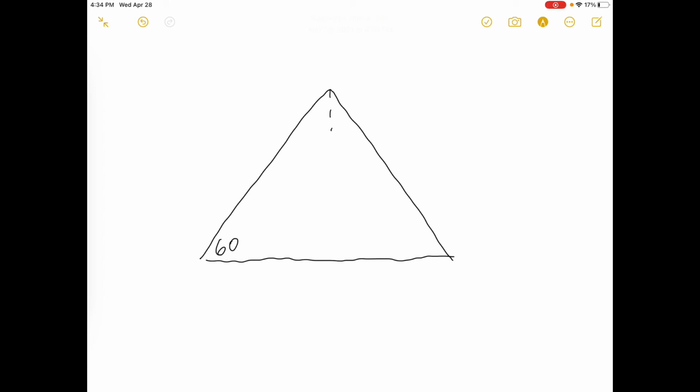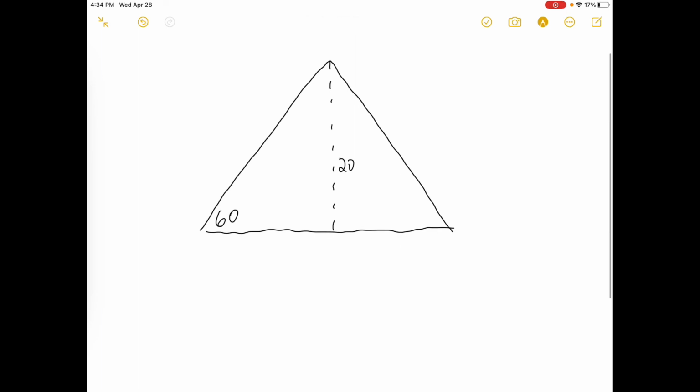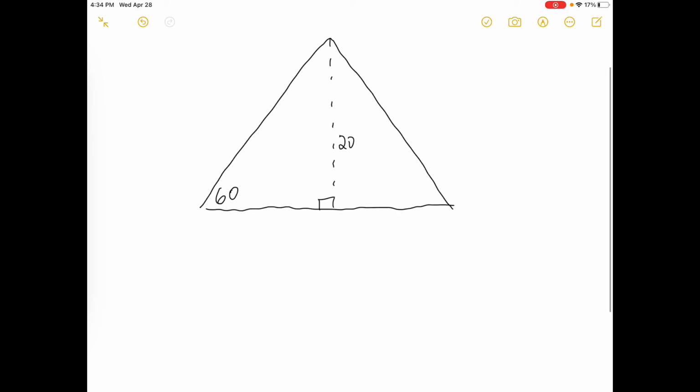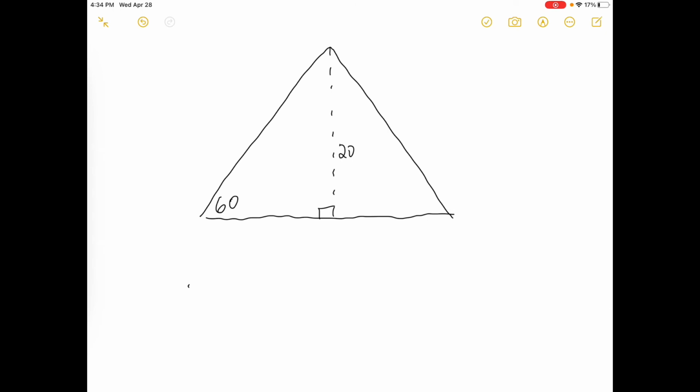So first we've got to figure out the short side of this right triangle and then double it to get my base. So 20 represents what on a 30, 60, 90? It represents x root 3.